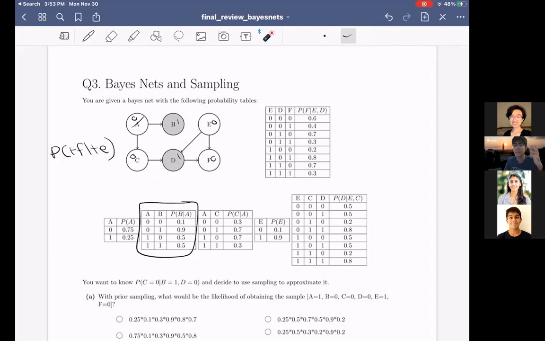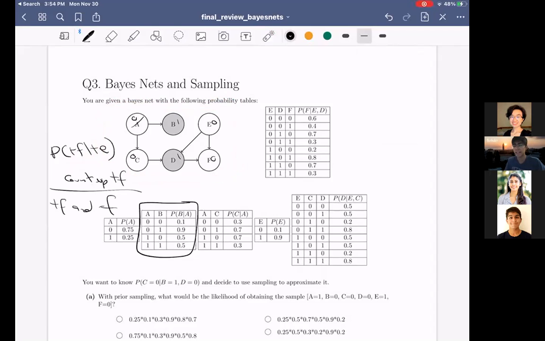Then in these samples, we tally up the number of samples that have plus F and divide by the total number of samples. So we'd count up plus F, divide by plus F and minus F. And that's how we do sampling.